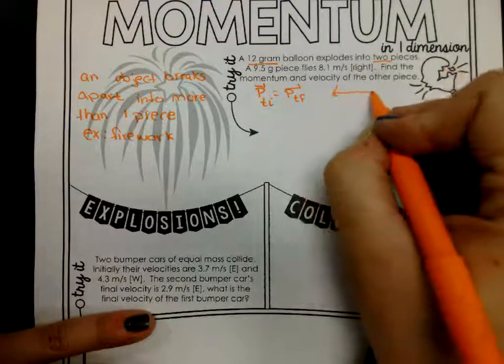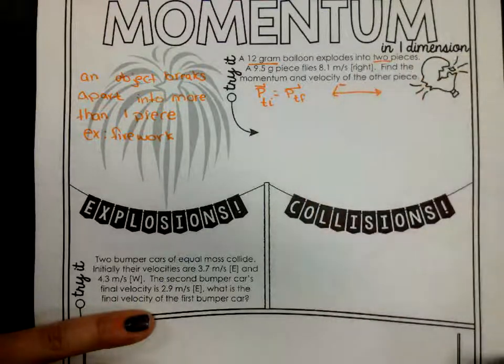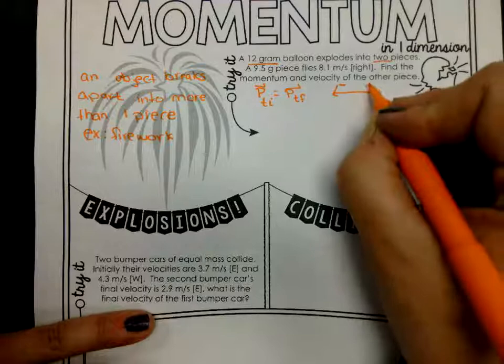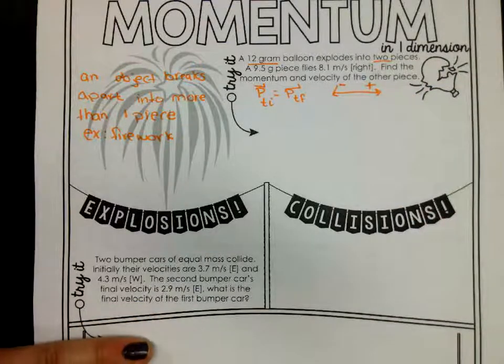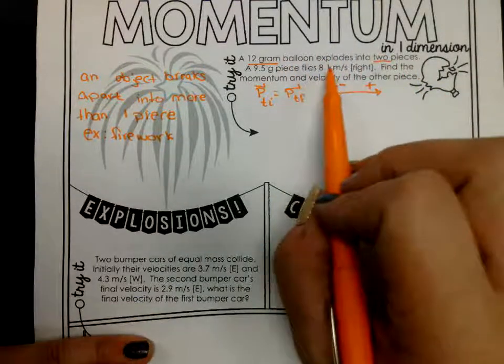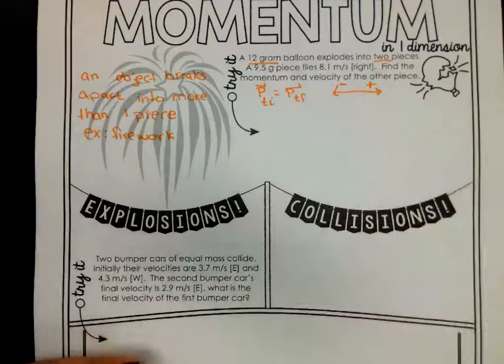And for the sake of positives and negatives, I'm going to say that left is negative and right is positive. That's going to help me keep this piece right here that's flying to the right positive and make my numbers a little prettier.